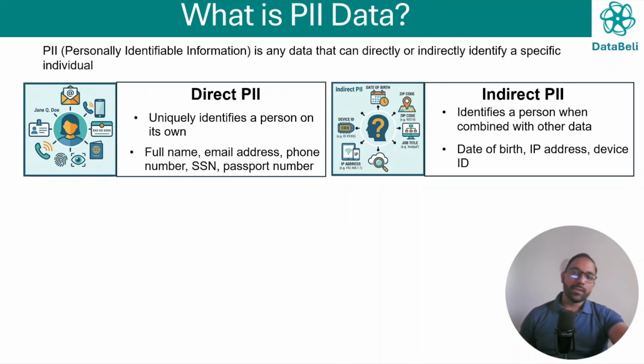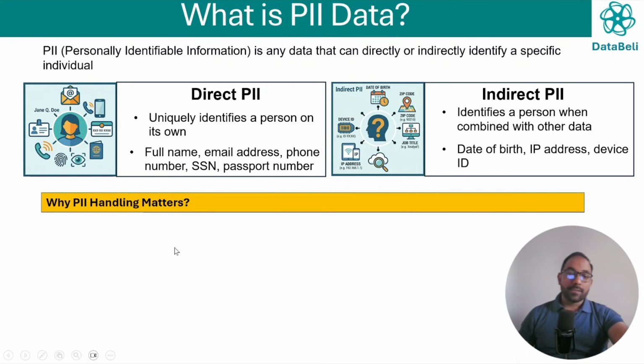But let's say we attach an IP address: there is some machine in the world where that IP address is tagged, which can be used by multiple users. But if we combine date of birth with it, it can point to the right person, the person who is using that machine with that IP and this date of birth. So that is how indirect PII is also sensitive and important data.